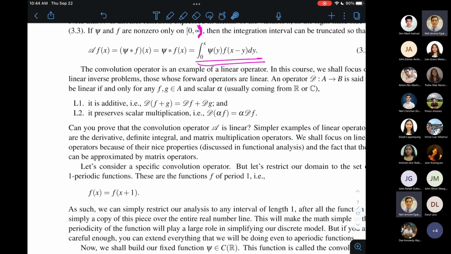So we already know some examples of linear operators. Number one, derivative operator. Kasi kapag nagdi-differentiate tayo ng sum, kung si D ay differentiation, remember, ang derivative ng sum ay sum ng derivatives. So additive ang derivative operator. Napreserve ba niya yung scalar multiplication?